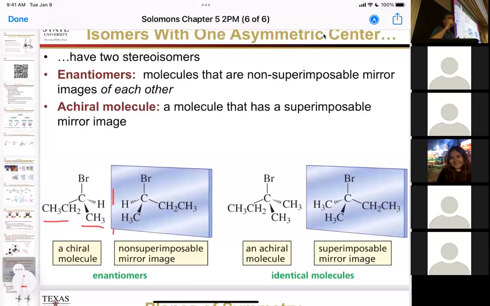The bromine, the carbon, and the hydrogen were okay. But if we change any one of those groups so that they match, we go back to an achiral material. So anytime you see two of the same group on that carbon, it is not a chiral carbon.